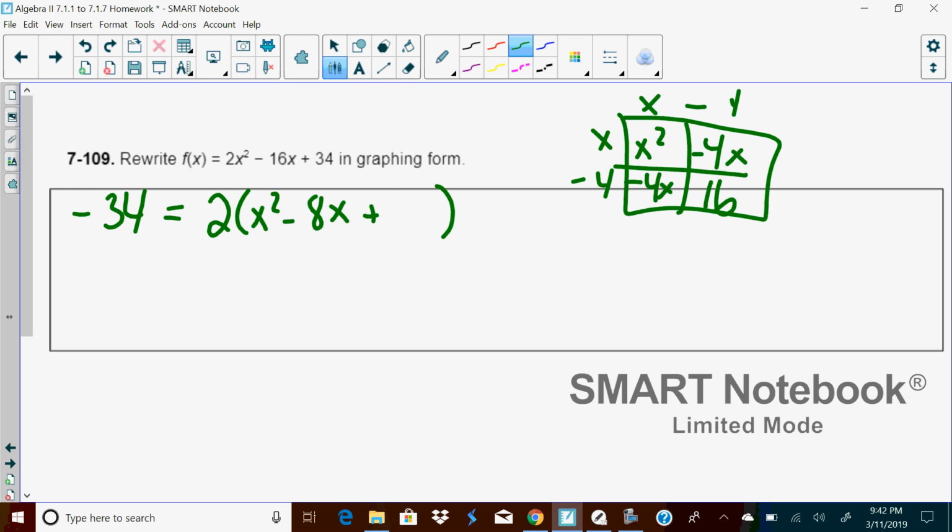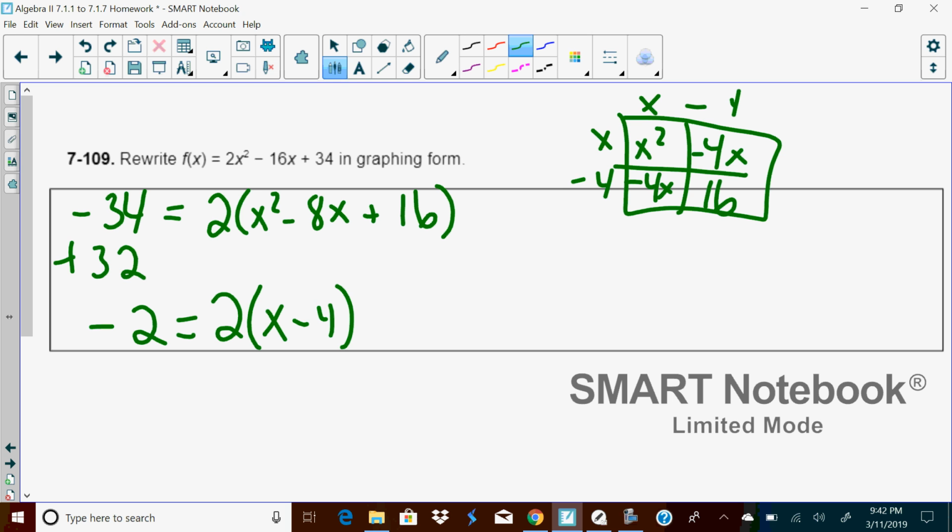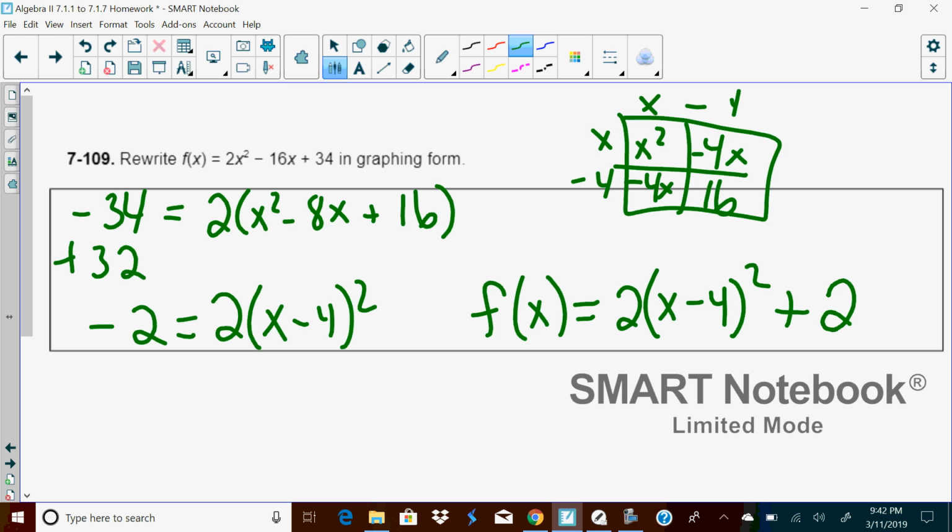So it's 16 I'm going to add. So I add 16 over here, but I'm going to add double 16 to the other side. I'm actually going to add 32. So I get negative 2. It's two groups of x minus 4 squared. So my graphing form is f of x equals two groups of x minus 4 squared plus 2.